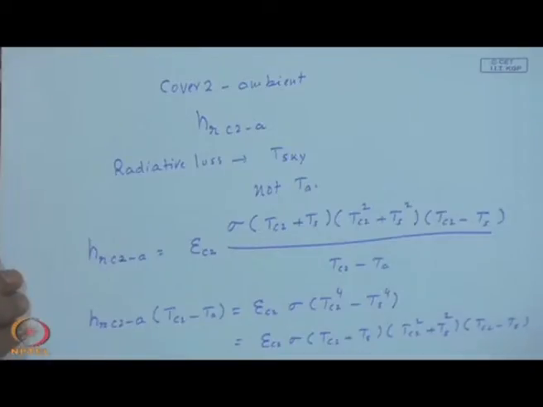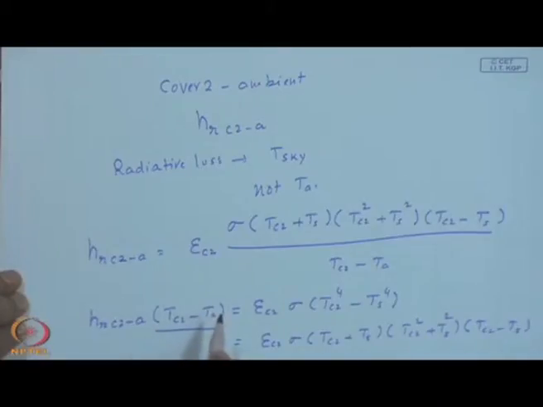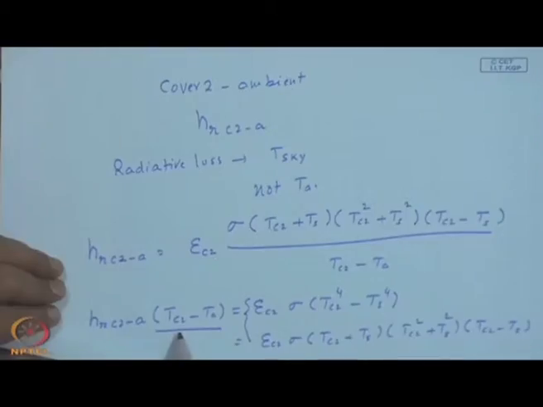So, this is artificially written so that if H_R C2 A is multiplied by T C2 minus T a, it will give me the actual radiative loss from T C2 to T sky. So, in my overall heat loss coefficient, this is based with reference to a temperature above the ambient temperature T a.